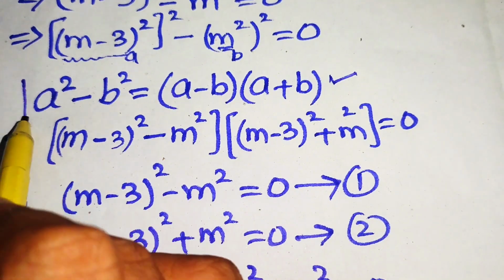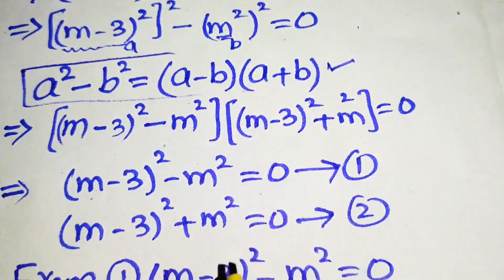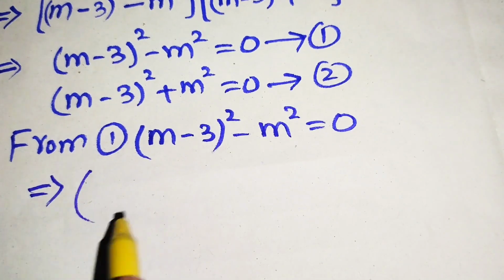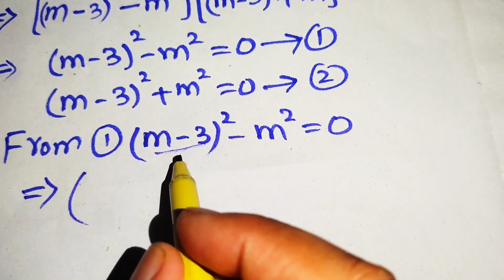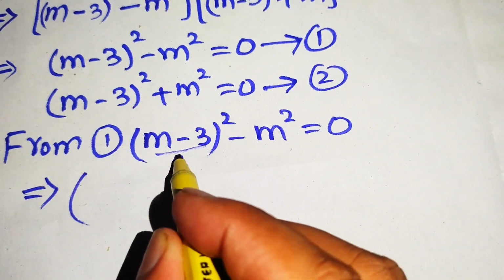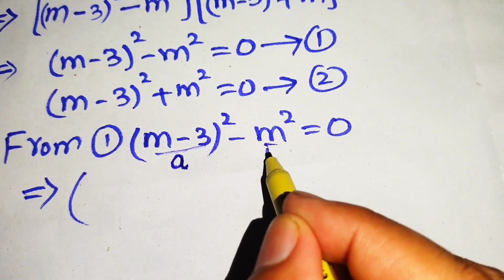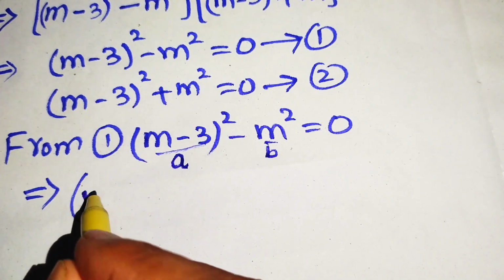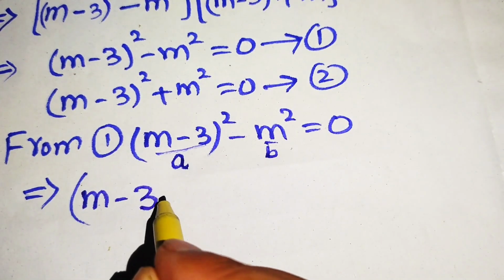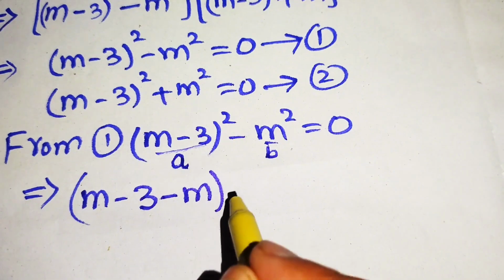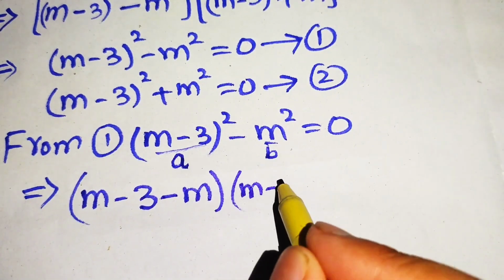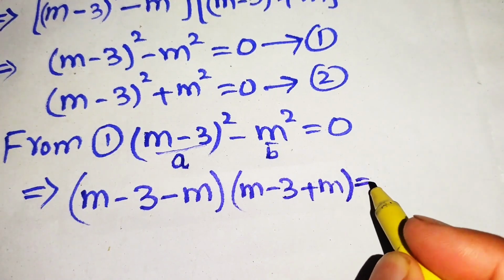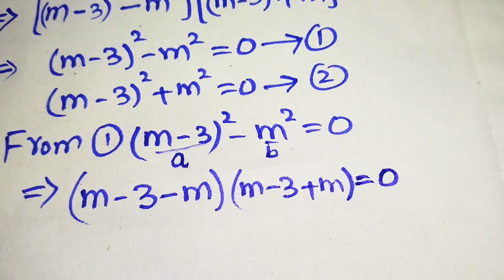When we use it on this term, it will be written in this form, where a is m − 3 and b is m only. So first we have a − b, which is (m − 3 − m), times (m − 3 + m), and this whole equals 0.